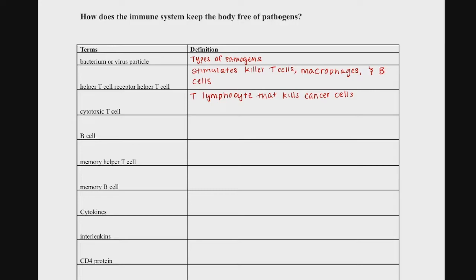The way that I wrote the definition earlier made it sound like that was the definition of cancer cells, so sorry about that. So T lymphocyte, a type of white blood cell, kills cancer cells, cells that are infected by pathogens, or other damaged cells.